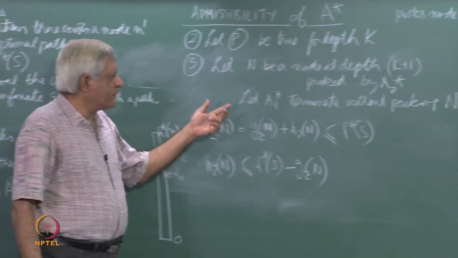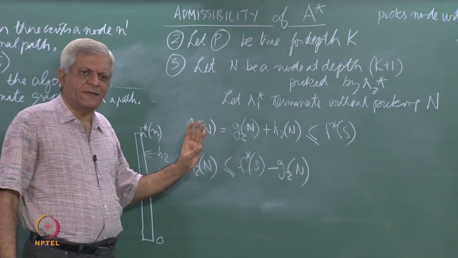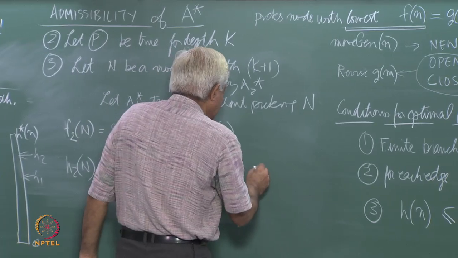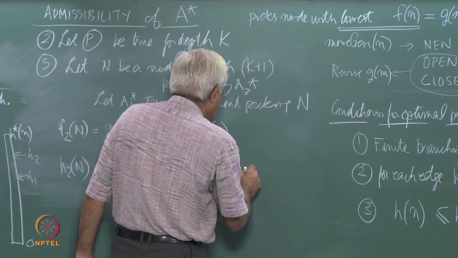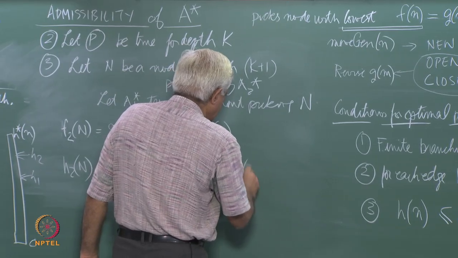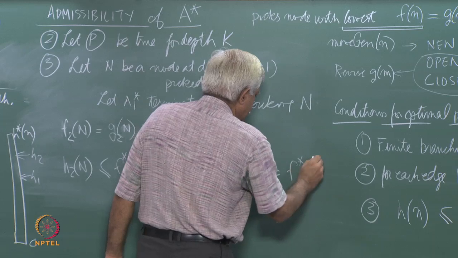Now, A1 star has terminated without picking this node n, which means that f1 of n is greater than or equal to f star of s.